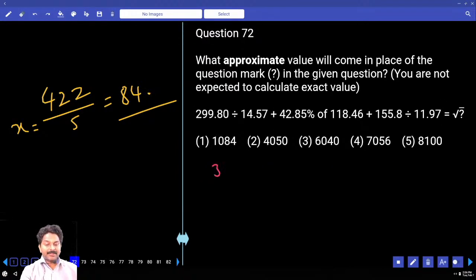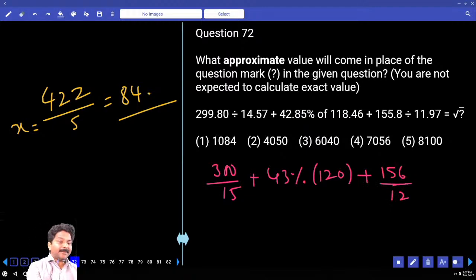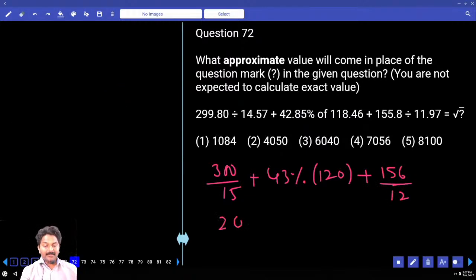300 by 15 plus 43% of 120, 156 by 12 is equal to root x. Correct? 120% of 43 or 43% of 120. 120% in the sense adding 20% only.